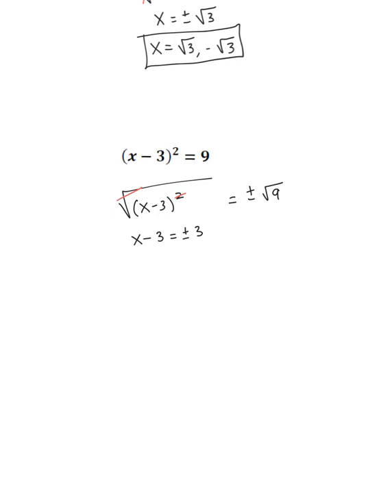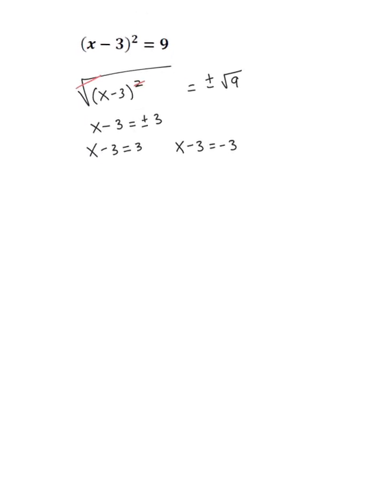So this means that x minus 3 is either equal to a positive 3 or x minus 3 is equal to a negative 3. So you're splitting this out into 2 separate equations. You're going to solve both of those for x. So we get x equals 6 and x is equal to 0.